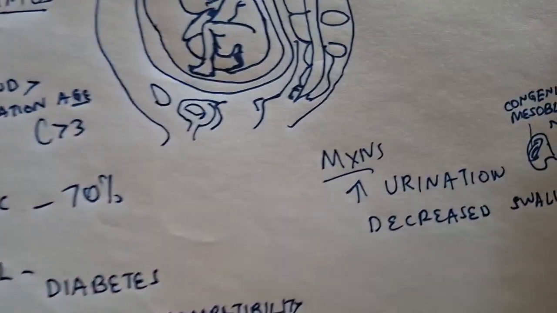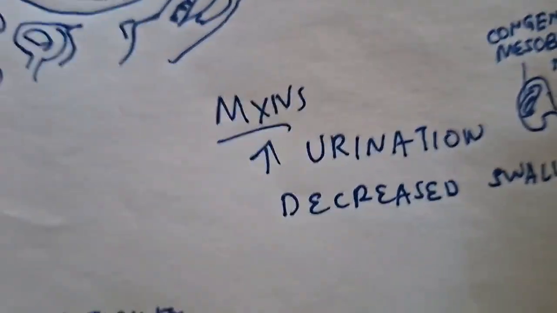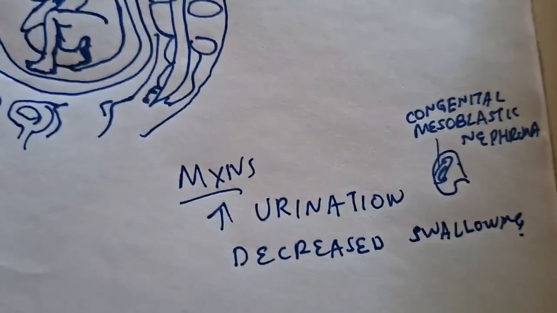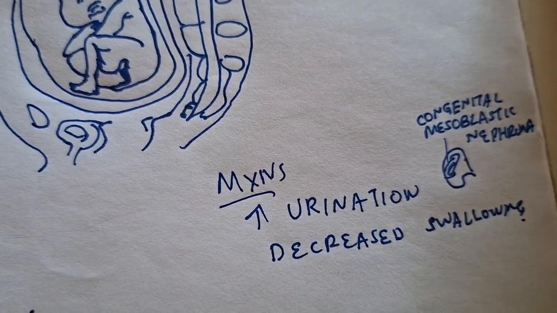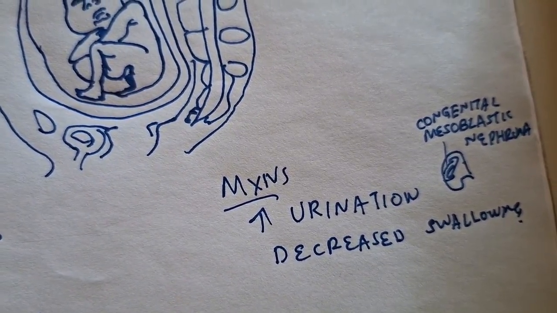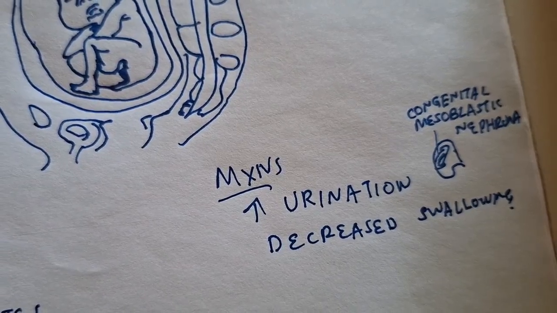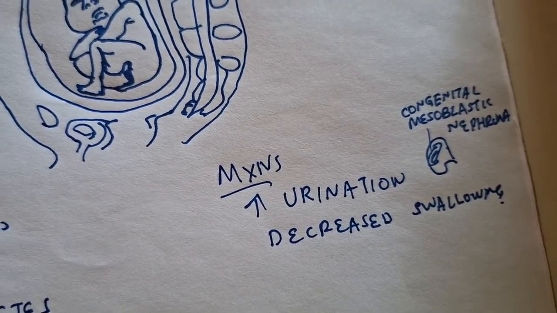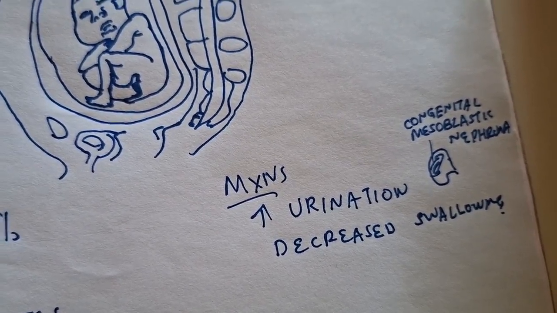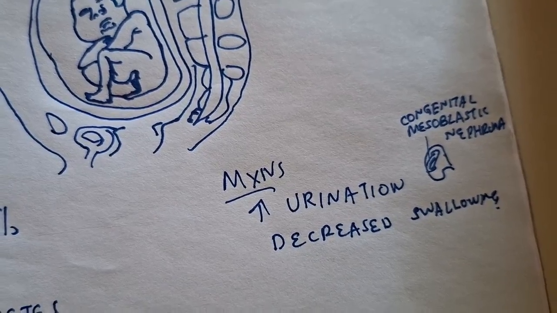Majority of these causes of polyhydramnios, as mentioned, are due to increased urination, where the baby has increased production of urine into the space, causing increased amniotic fluid, or where we have defective swallowing or absorption of the amniotic fluid.